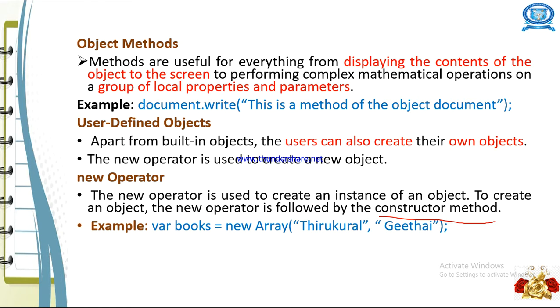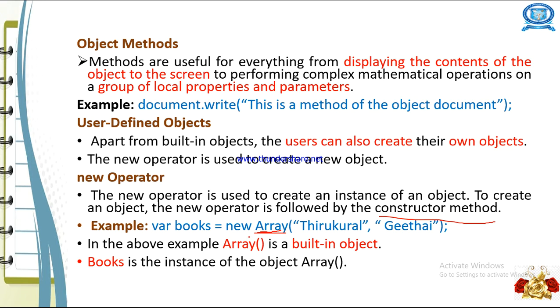In this example, Array is a built-in object. Book is an instance of the object Array.